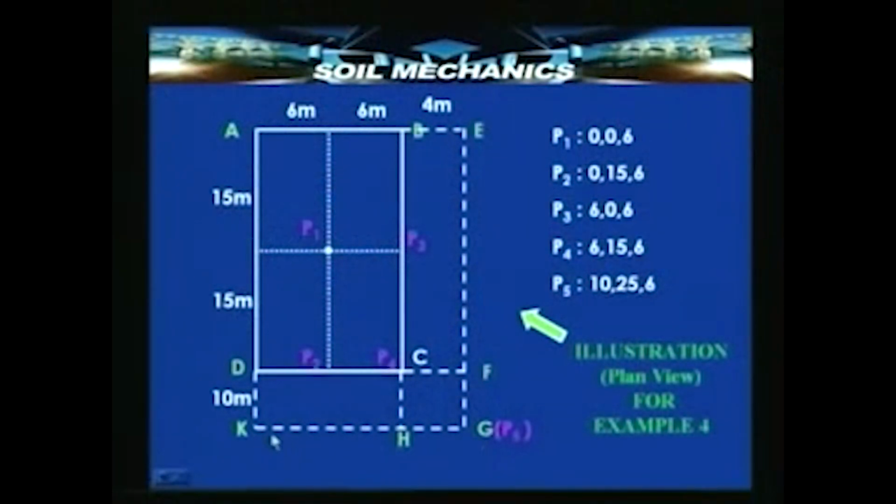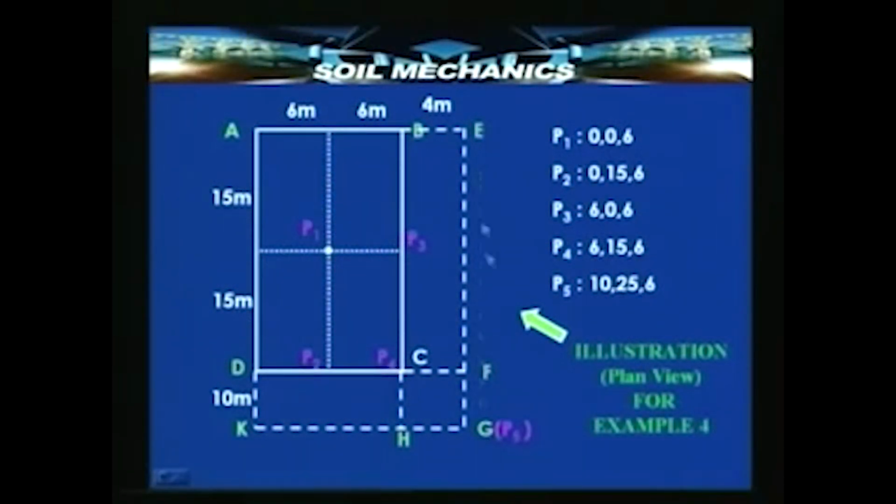So, we take rectangle DFGK, which has a corner again above the point G, and therefore, this rectangle and its influence coefficient can be computed and the stress can be computed and subtracted from the stress that we obtain for the total area AEGK.